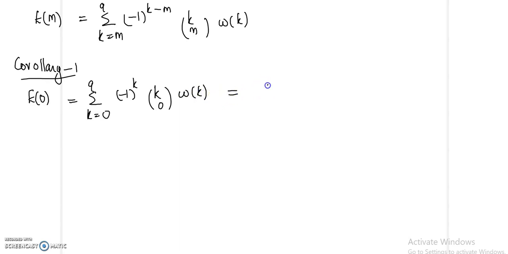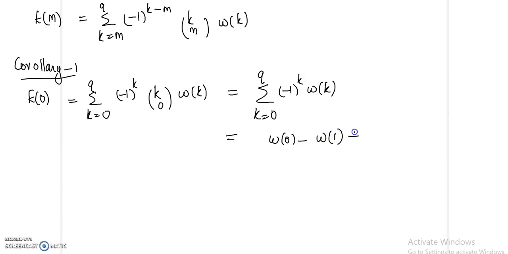You know k choose 0 is equal to 1, so you get summation k varies from 0 to q, minus 1 whole raised to k omega of k. So that is going to be omega of 0 minus omega of 1 plus omega of 2 minus omega of 3 plus etc. The last term is minus 1 raised to q omega of q. So this is going to be the value of E of 0.